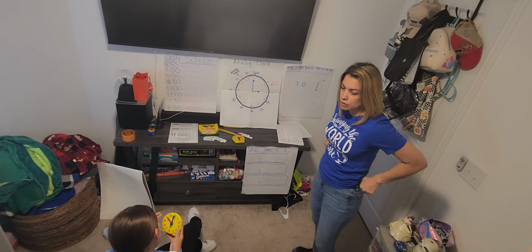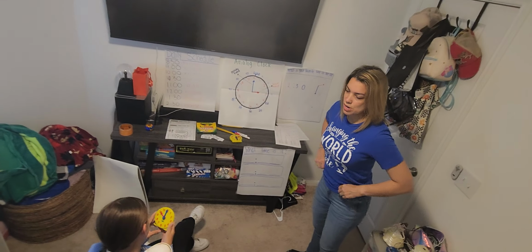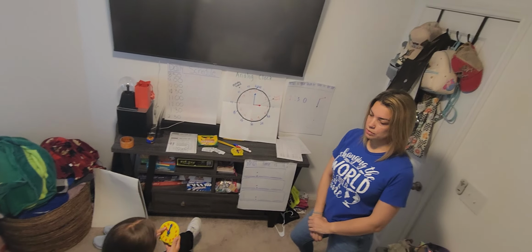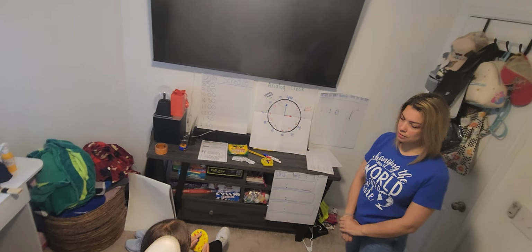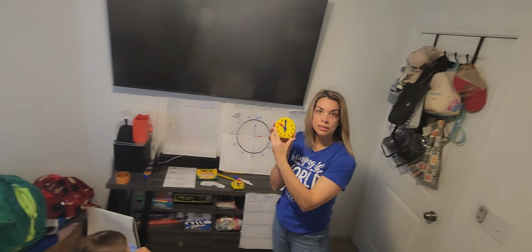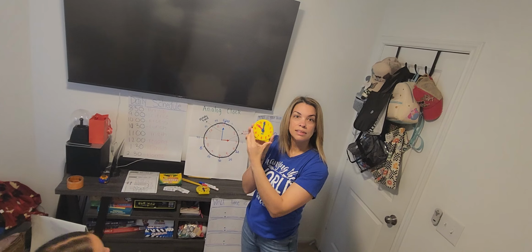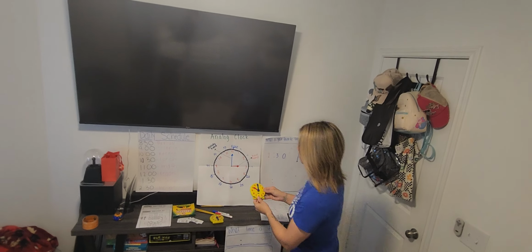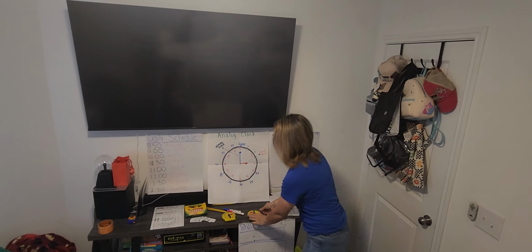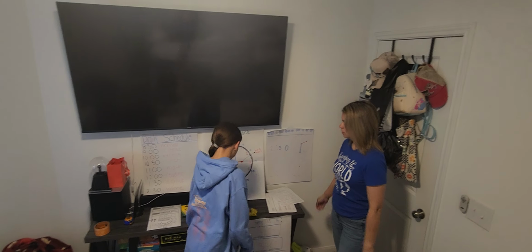And what do you notice about your clock again? You can't move what? The hour hand. You can only move what? The minute. That's right. And the minute hand is the long hand. So this is what she thinks 10 o'clock looks like. Do we agree with this, Addison? Is this what 10 o'clock looks like? Yes. Yes, good job.